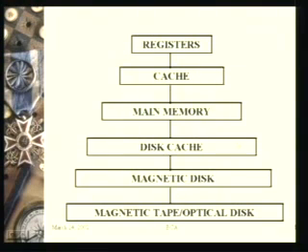Disk cache will be very limited because disk cache is not supposed to be very huge, but it may hold at least 10, 20, 30 different sectors from the magnetic disk. The basic idea is it will be smaller than the magnetic disk, but definitely equivalent to main memory in some sense, although in case you are using only the main memory for disk cache, then it is going to be smaller than the main memory.